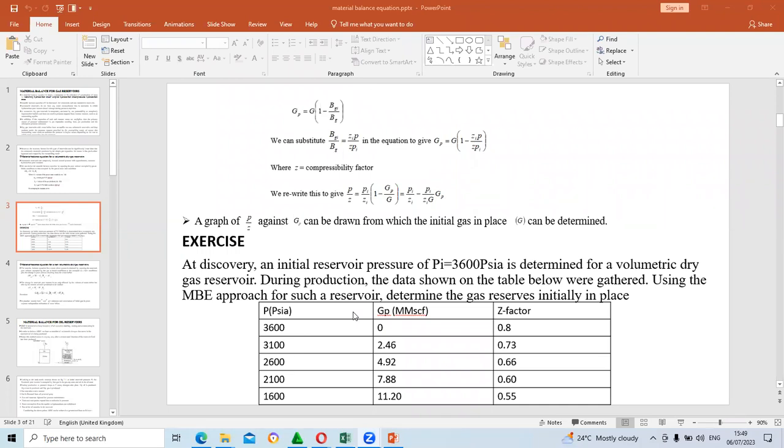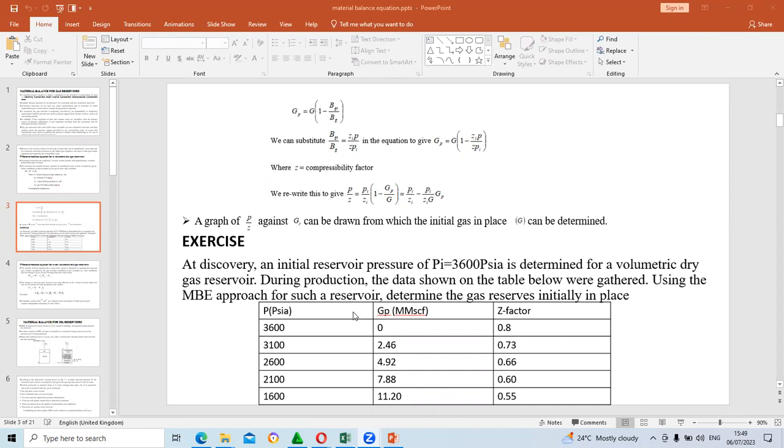We know that we have two types of gas: real gas and ideal gas. Ideal gas is gas at standard condition. But when gas is existing within the reservoir, it is no longer under standard condition. So it will not obey the Charles law, the Boyle's law, and all of that.